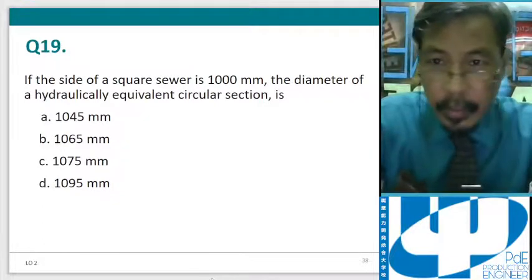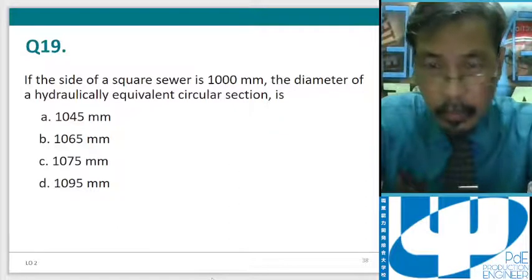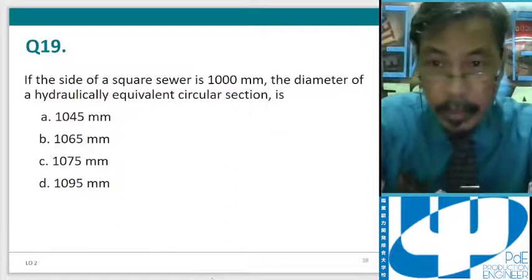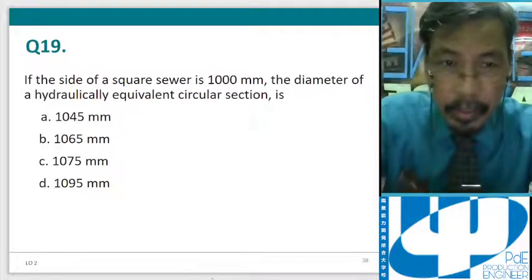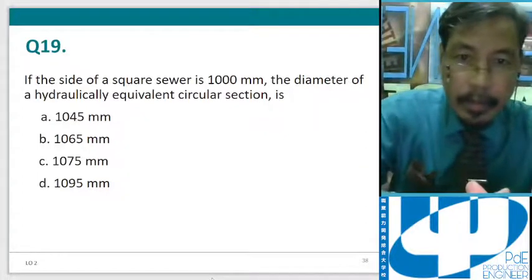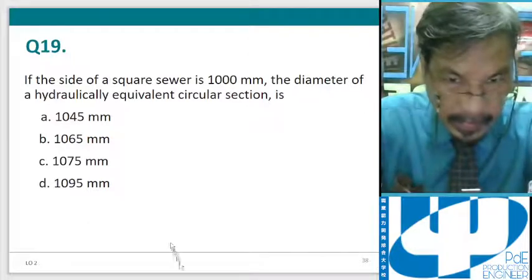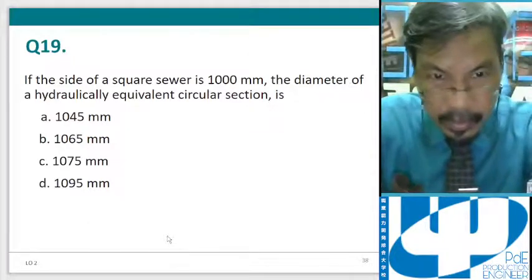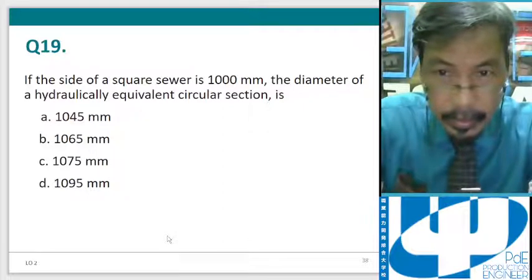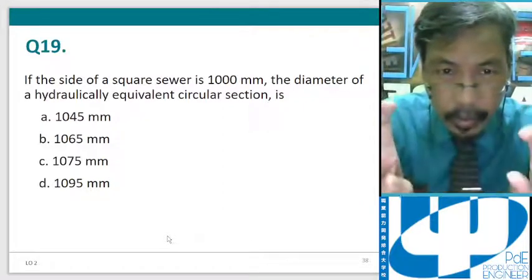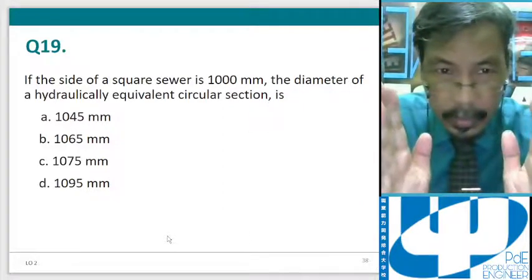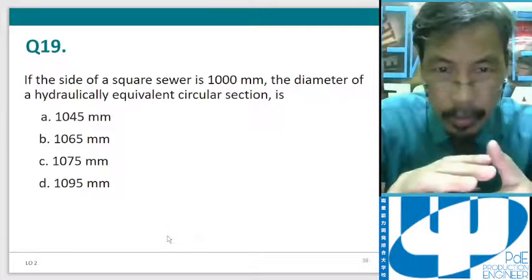Question 19. If the side of the square sewer is 1000 mm or 1 meter, the diameter of a hydraulically equivalent circular section is. So the side of the square sewer is 1 meter.